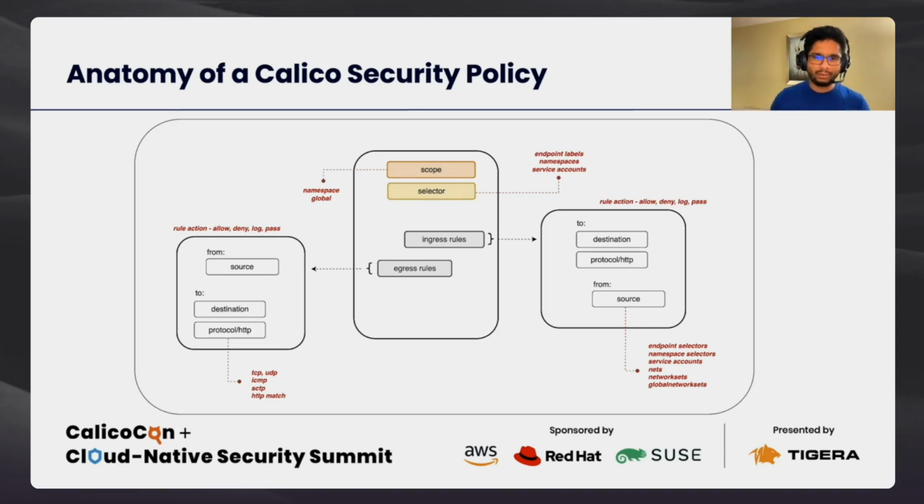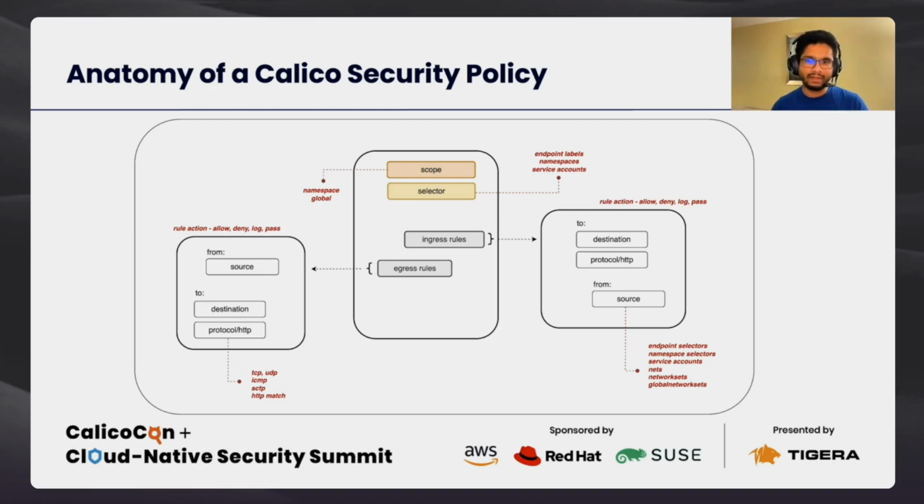Now, a policy is going to have one or more ingress and or egress rules. And if you look at a particular rule, in a rule you could have either an allow, deny, log, or pass action. And in an egress rule, if you look at the destination, there's a to field there where you could specify the destination and the destination protocol.